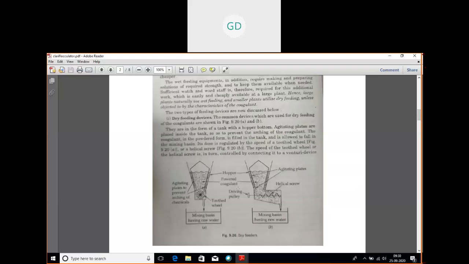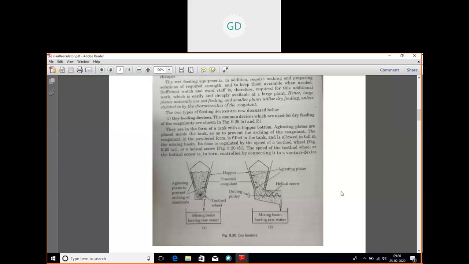In the feeding device, there are two parts. One is your dry feeding and the other is your wet feeding. When you add coagulants to your water, you can do it either in dry form or in wet form. When you put the coagulant in powdered form, it is known as dry feeding, and that is done in a dry feeding device.